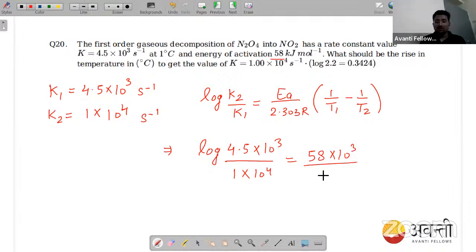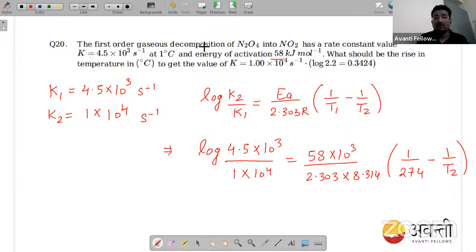We have to convert it into joules. Then 2.303, and the R value we all know is 8.314, into 1 by T1. What is T1? 1 degree Celsius, that means 274, minus 1 by T2. That we have to calculate, the value of T2. Is that clear?